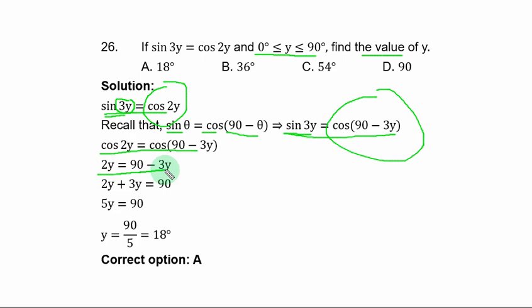If you transfer minus 3y to the other side, you have this result. If you add, you get this. Divide both sides by 5 to get y. Y is equal to 18 degrees. A is the correct option.